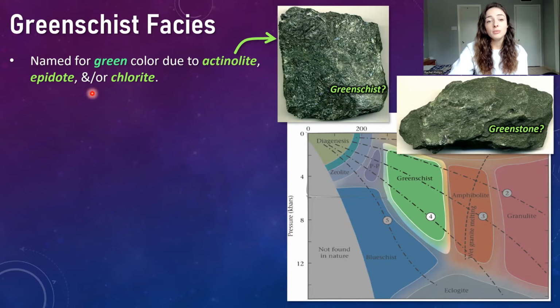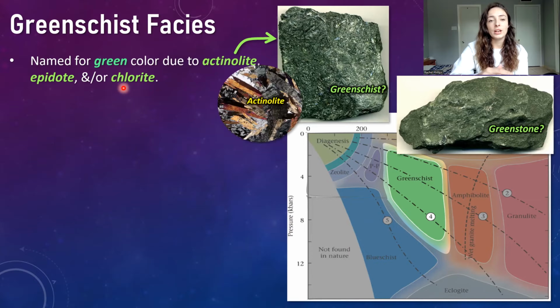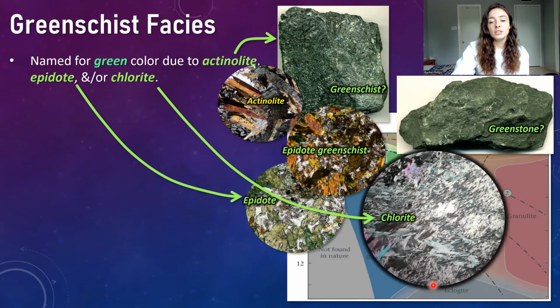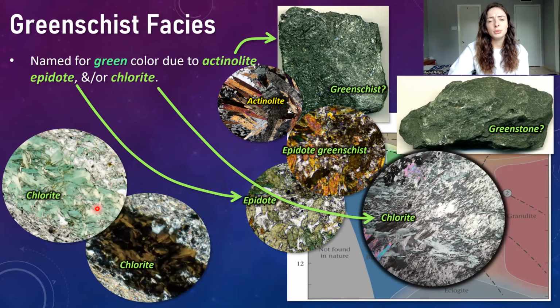It has a green color because of minerals like actinolite, epidote, and or chlorite. Actinolite is really the big one that mainly defines this facies. If actinolite's present, it defines that you're in the greenschist facies. But epidote is also common in green in hand sample and plain polarized light, as you can see. And chlorite, which can look multiple ways under thin section.